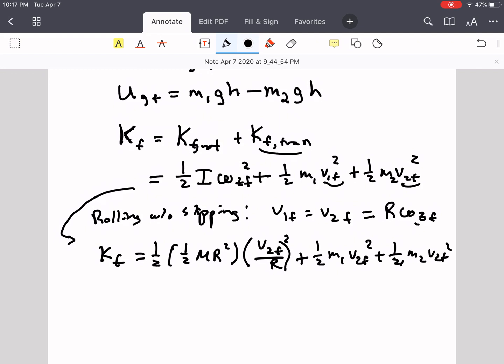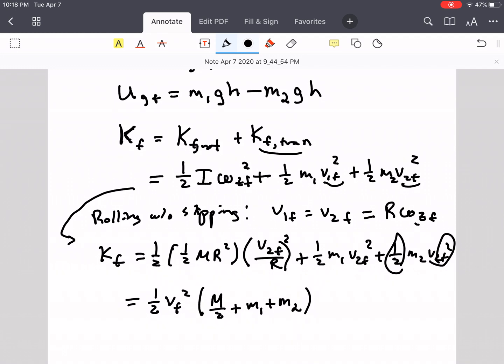If I factor out the 1/2 v2 final squared, which is in each of these terms, my final kinetic energy is 1/2 v final squared times capital M over 2, plus little m1, plus little m2. That is my final kinetic energy.